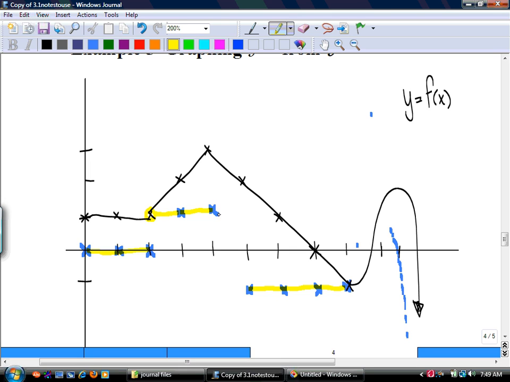And tell me about the slope from here to here. It's negative. Open circle. And then the slope here. We'll close that one in because we're not quite sure about it. And there's the curve. That's the graph of the derivative.